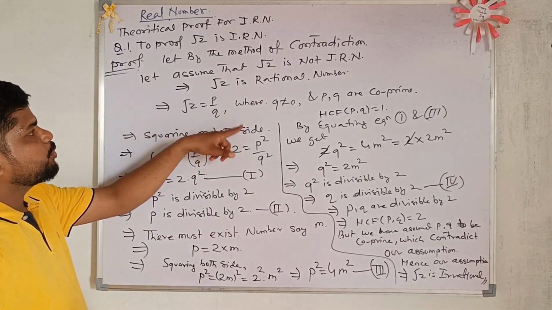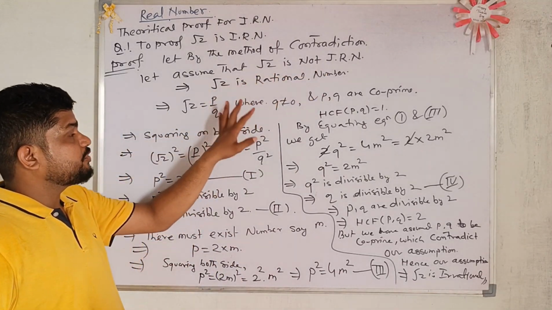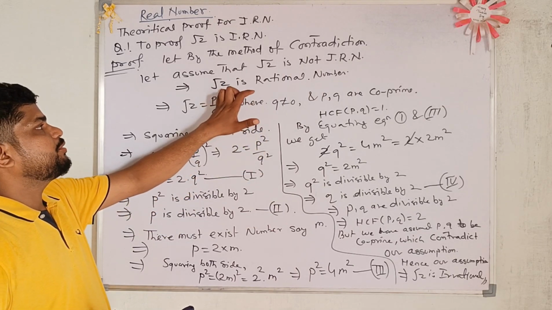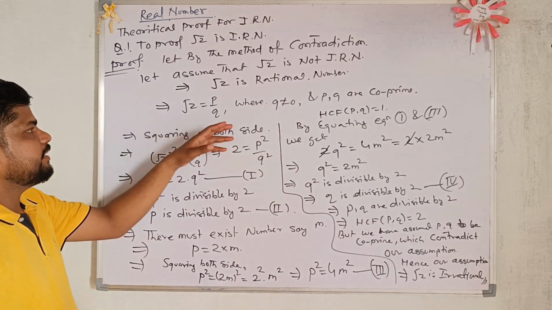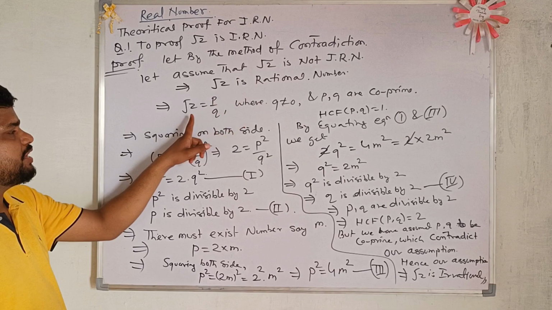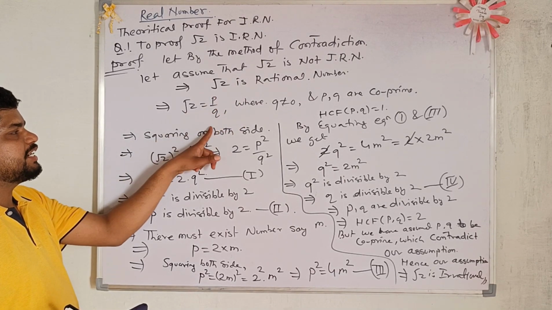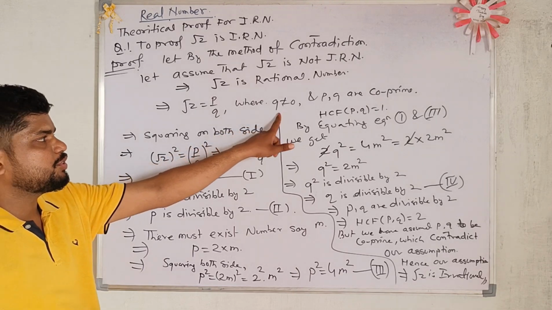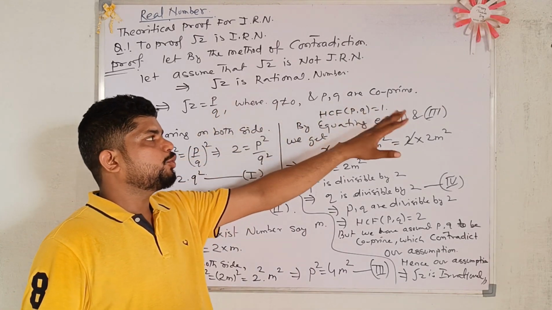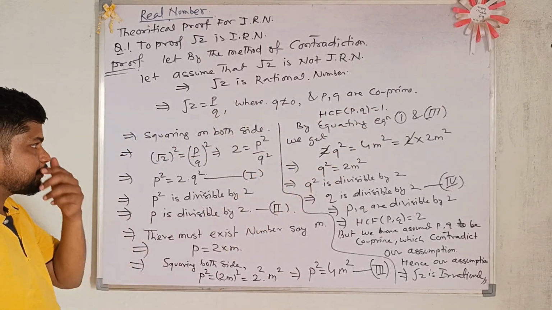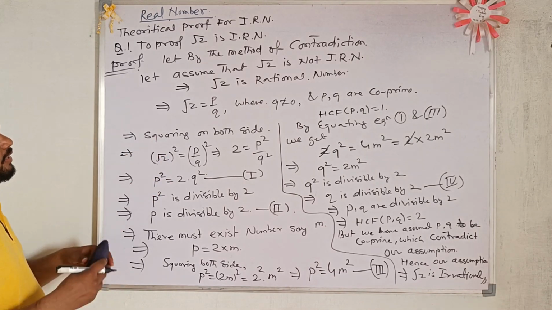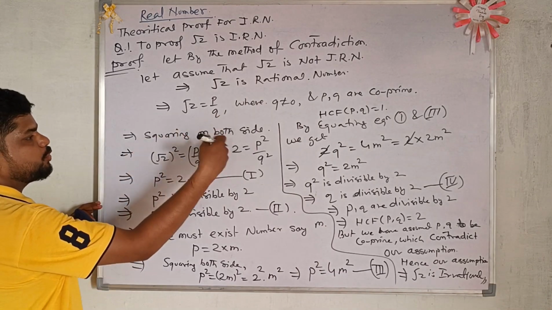So in order to prove that root 2 is not a rational number, we assumed that root 2 is a rational number. Then by the definition of rational number, root 2 can be written in the form p by q, where q is not equal to 0, and p and q are co-prime, so their HCF should be 1. Now we square this equation on both sides.